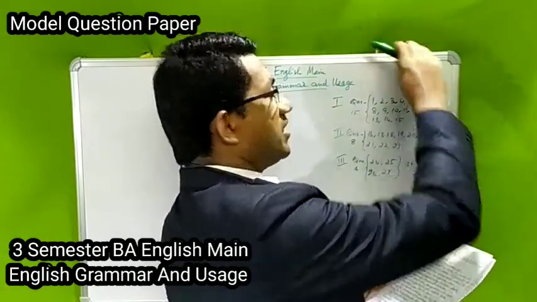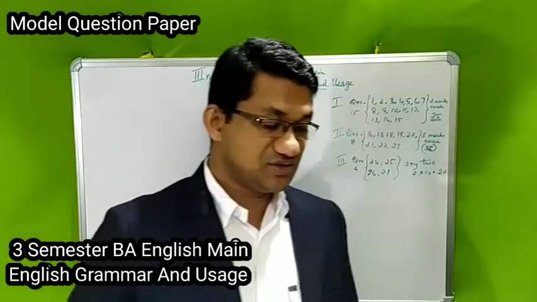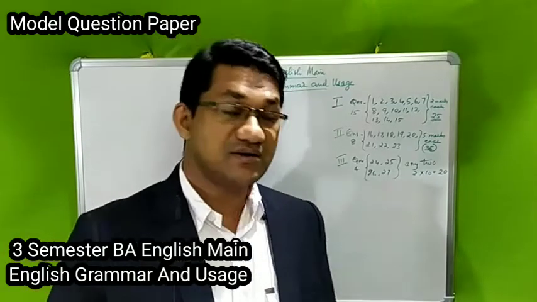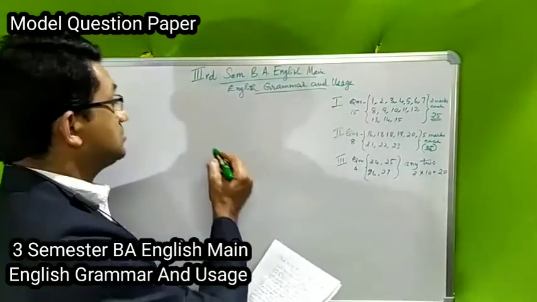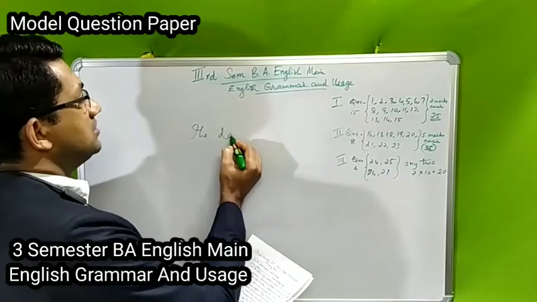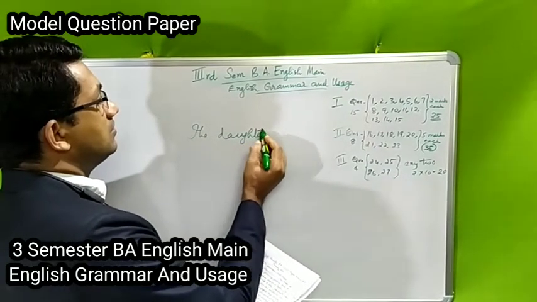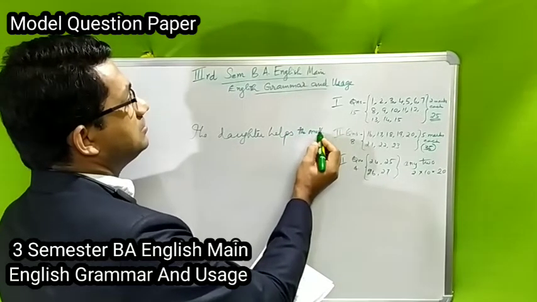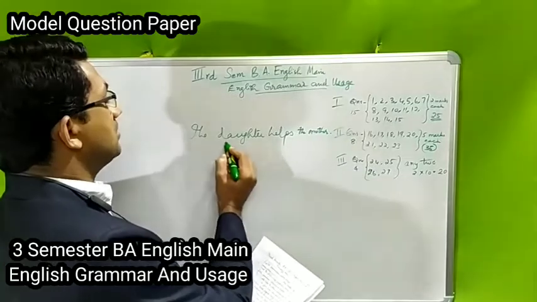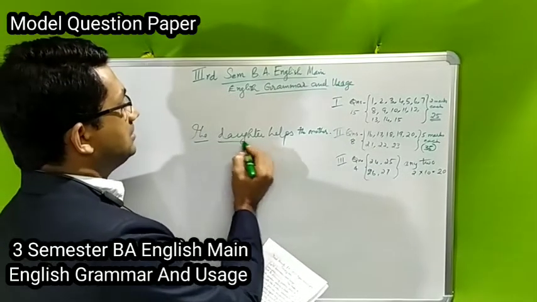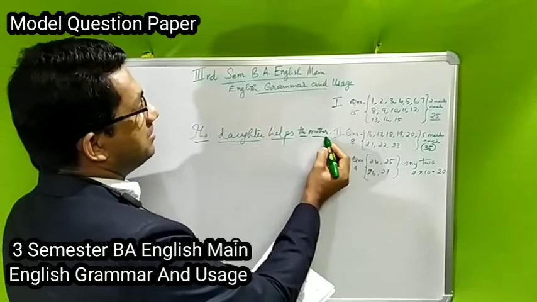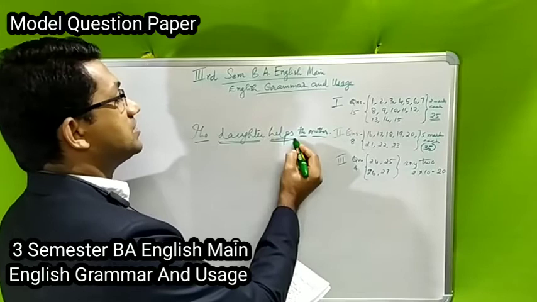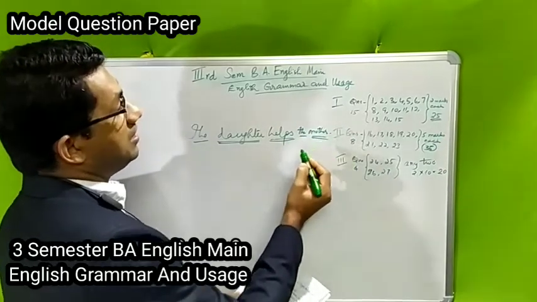Let us look at the sentence and categorize the words into form class and function class. The sentence is: the daughter helps the mother. We understand that daughter is a noun, helps is a verb, mother is again another noun.